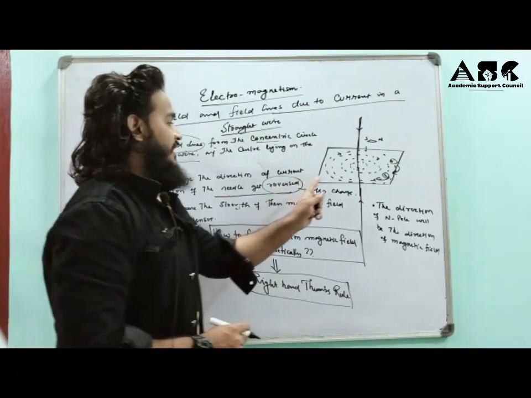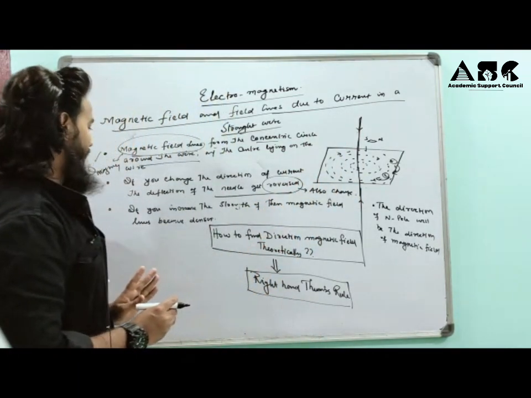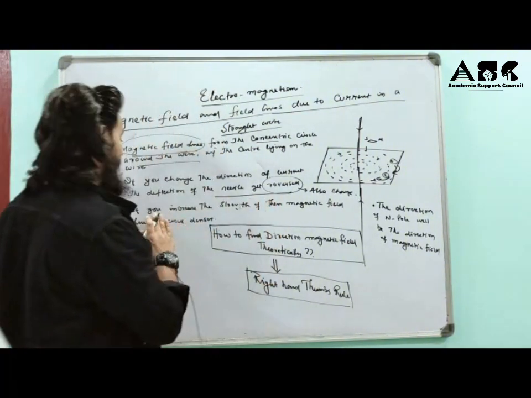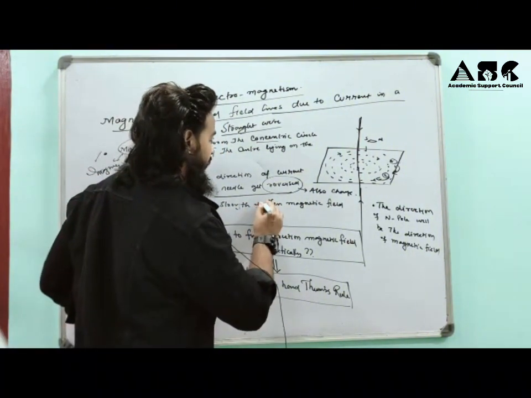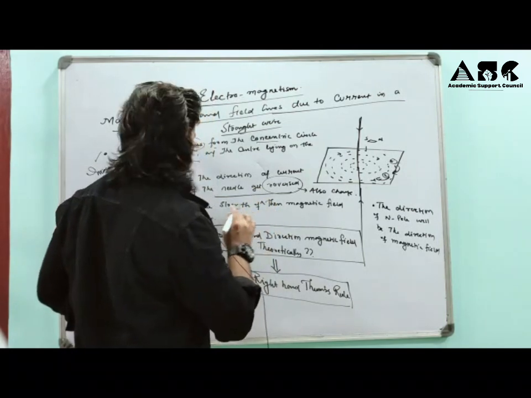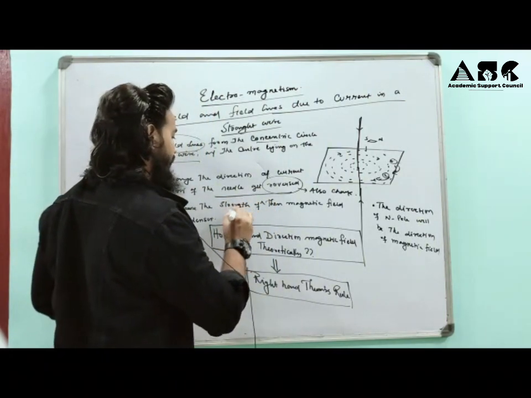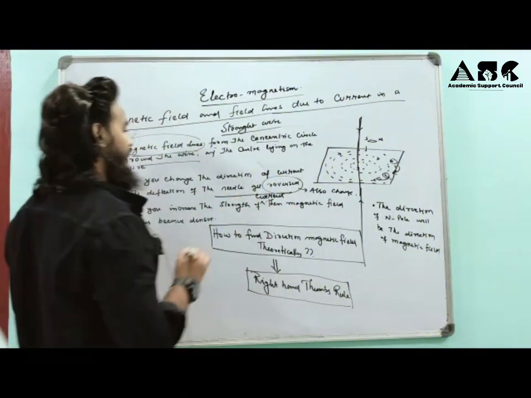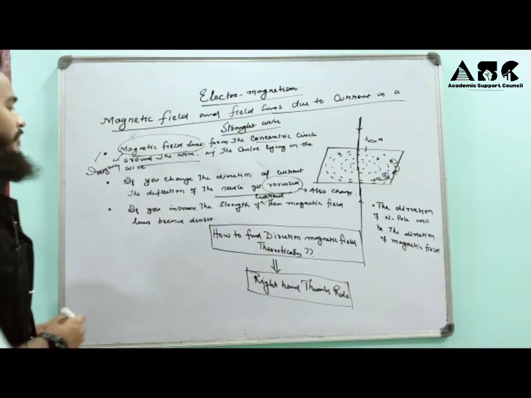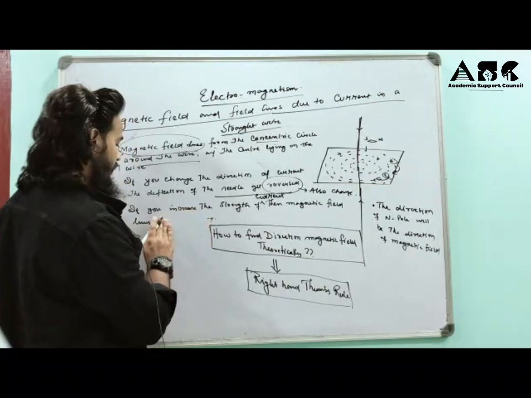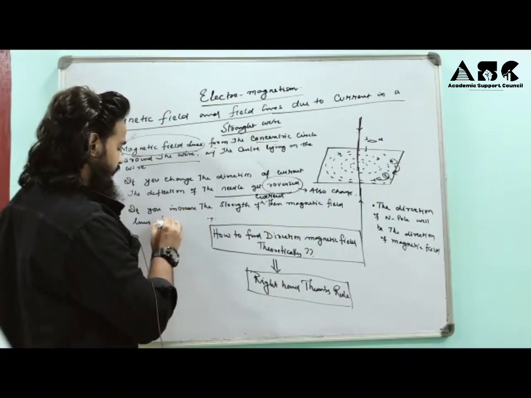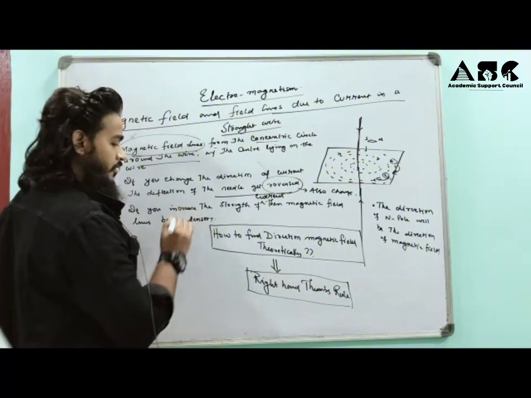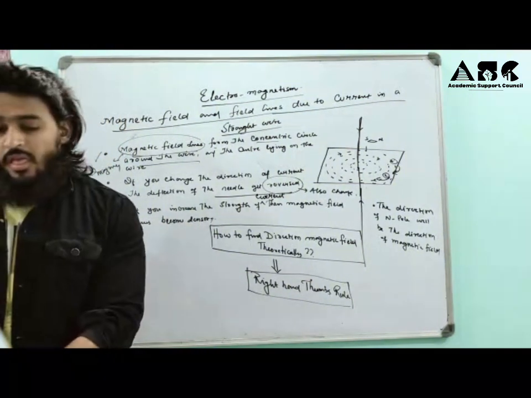Now if you increase the strength of the current, then the magnetic field lines become denser. What is the meaning of this line?